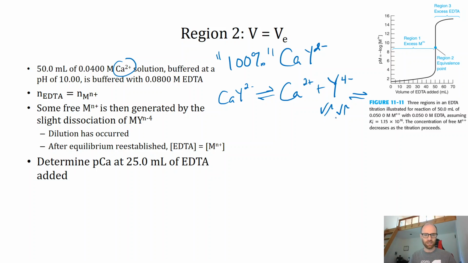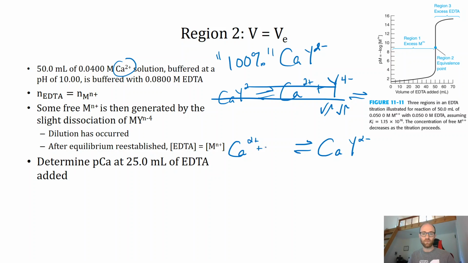So here's what we're going to do. We're going to not look at it that way, and we're instead going to say we're starting with bound metal, and it's going to be involved in an equilibrium. But we're kind of starting with no reactants and all products.